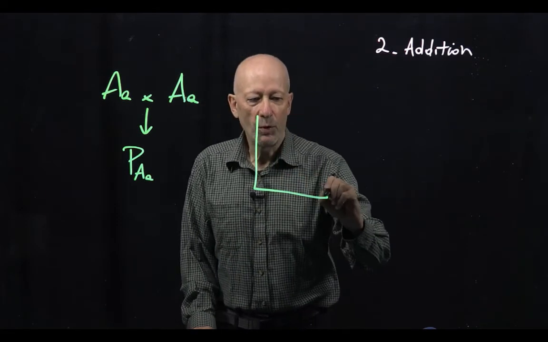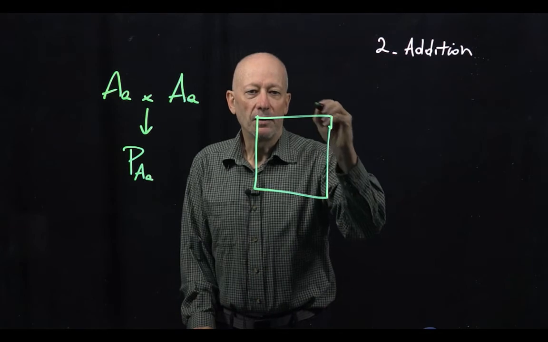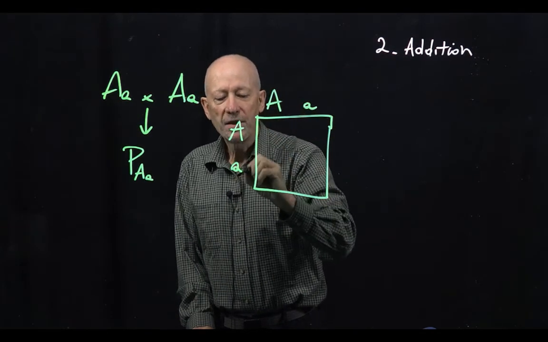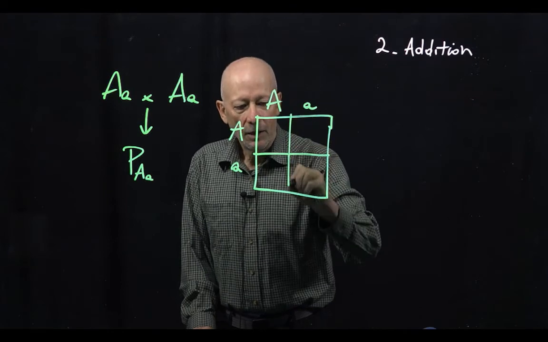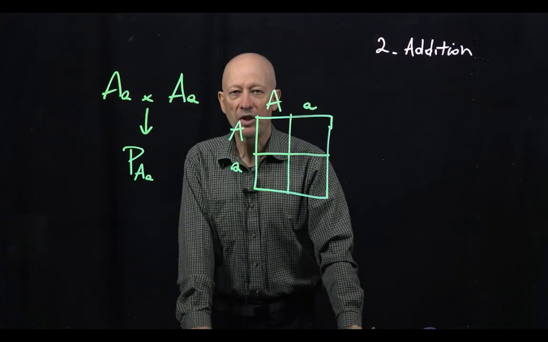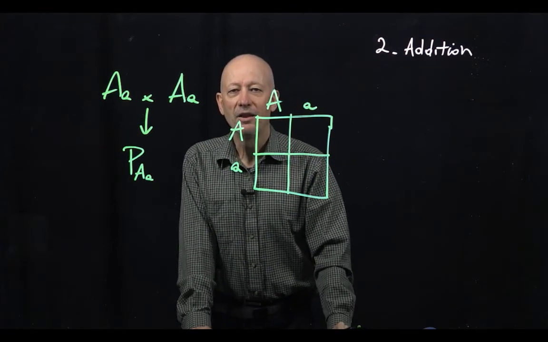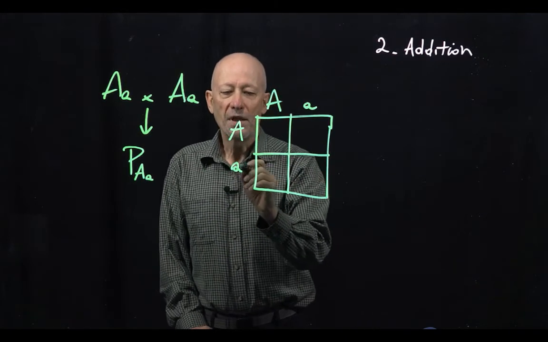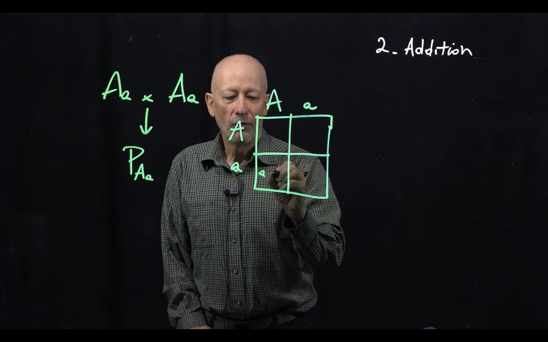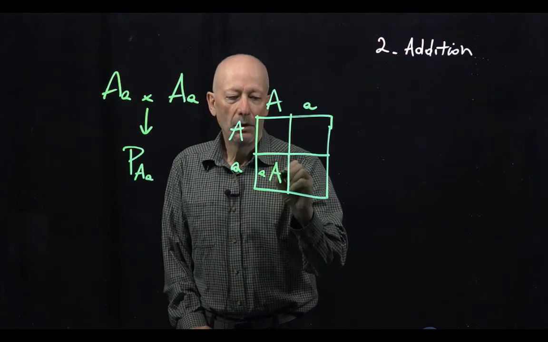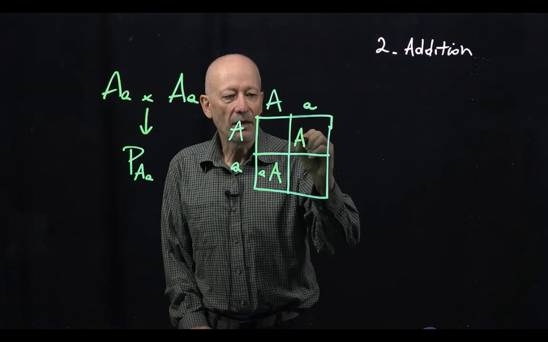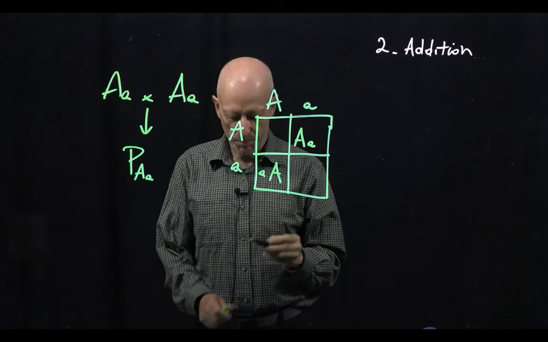We'll draw a Punnett square, and we populate it with the gametes. There are 2 types of sperm, 2 types of eggs. And let's consider how we got the heterozygous. There are exactly 2 ways, and there are alternative ways. First, we can get a little a egg fertilized by a big A sperm, or alternatively, we can get a big A egg fertilized by a little a sperm.